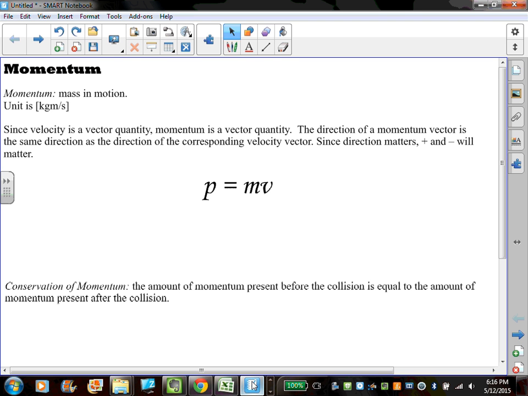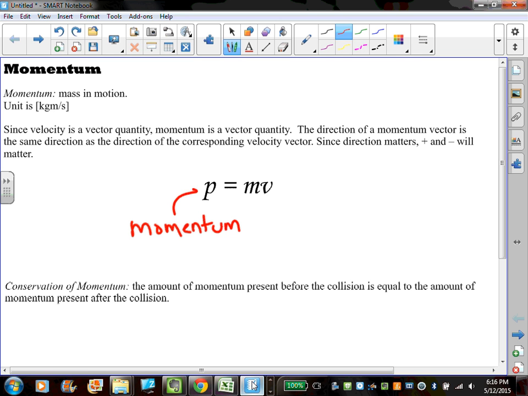Okay? So if we are going to have an equation that describes this momentum, the equation is going to be momentum, which here is denoted as p. It used to be called progress before they decided to call it momentum. So this would be back in Newton's day. They called this value progress, which is why it's denoted by a lowercase p. But now we call it momentum.